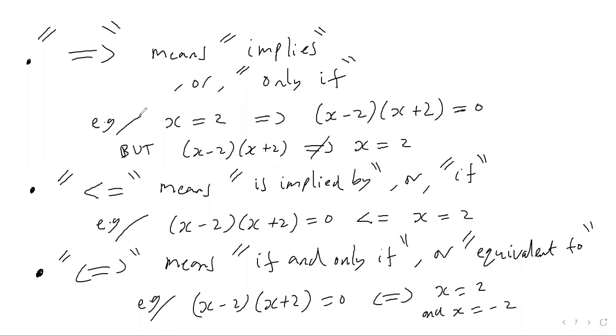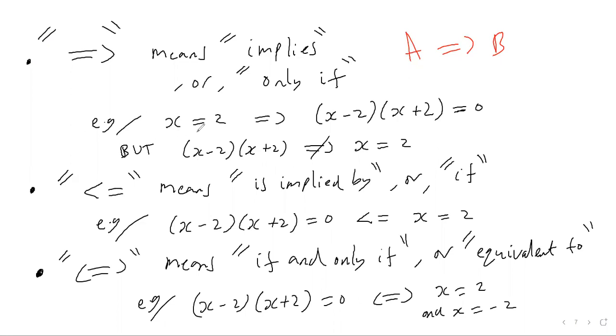Next on the list, we've got these implication symbols, like the equal sign with arrows at the tip of them. This first one just means implies. As an example, if you've got a statement A, and that statement implies statement B, you would say A implies B, and you write something like that.